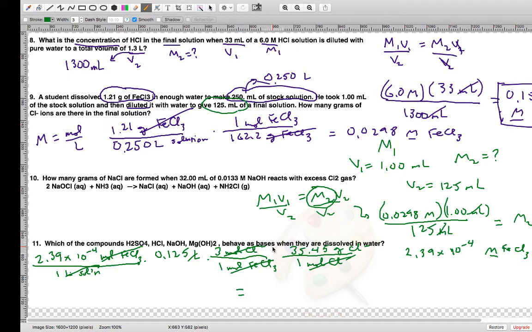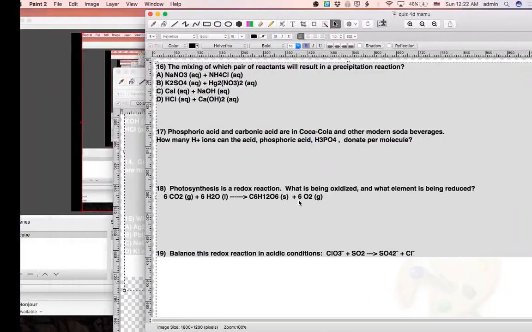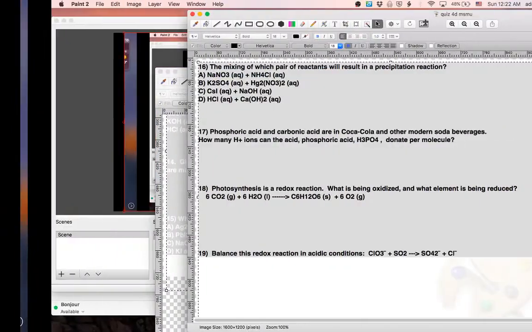That means the answer is going to be in grams, which is what I want. How many grams? So I go 2.39 times 10 to the minus 4 times 0.125 times 3 times 35.45. I've got an answer of 0.00317.